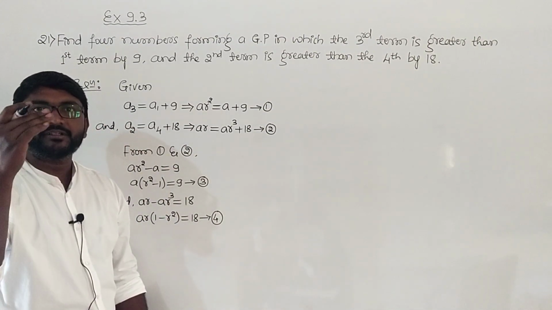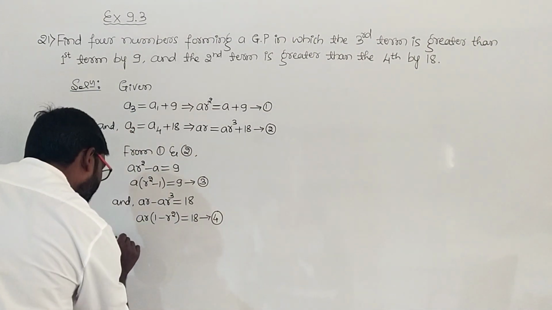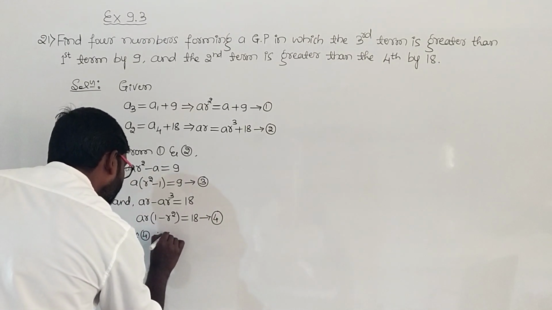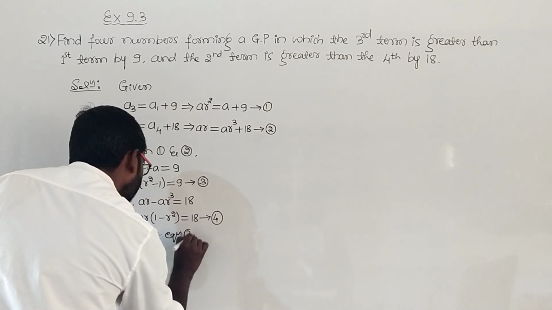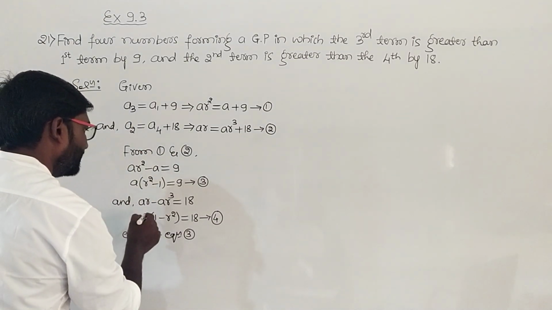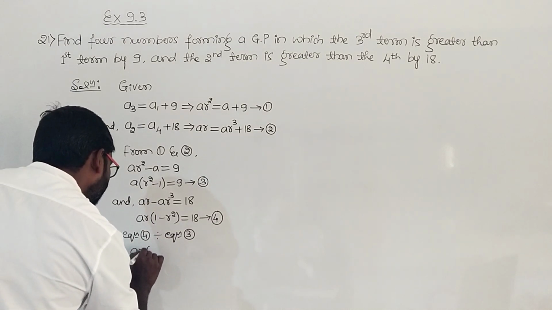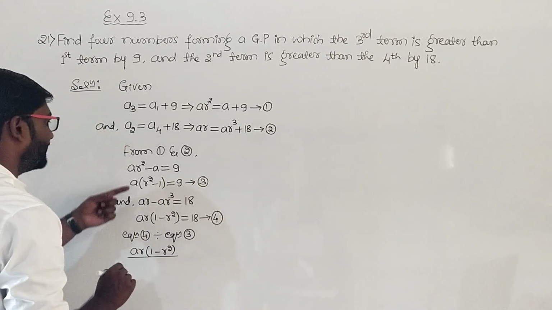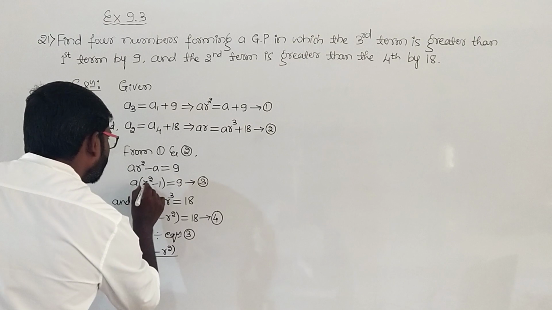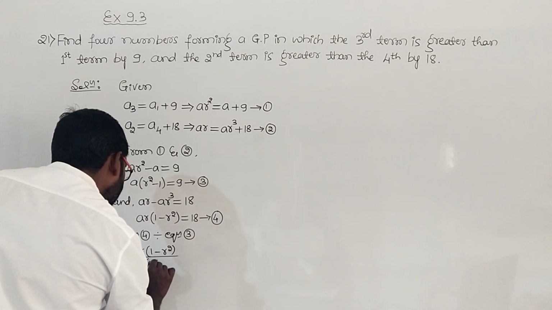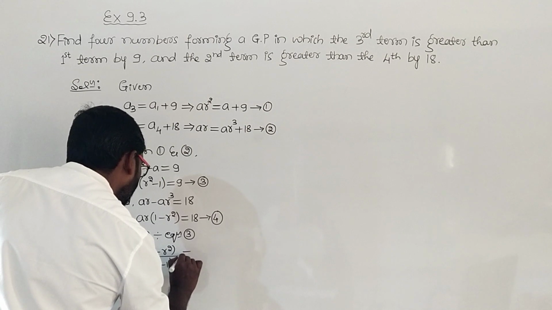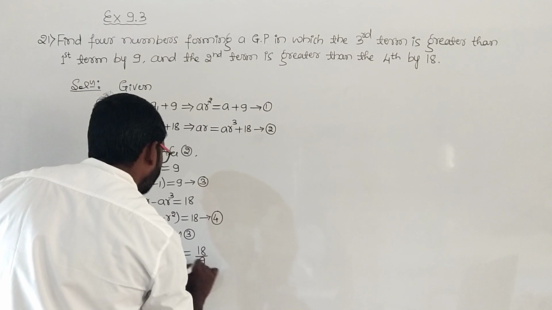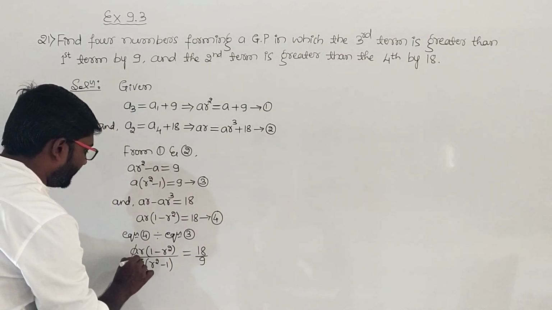Now we have to go for equation 4 by equation 3. What is equation 4? It is AR into 1 minus R square, divided by A into R square minus 1, which equals 18 by 9. So now A and A cancel.